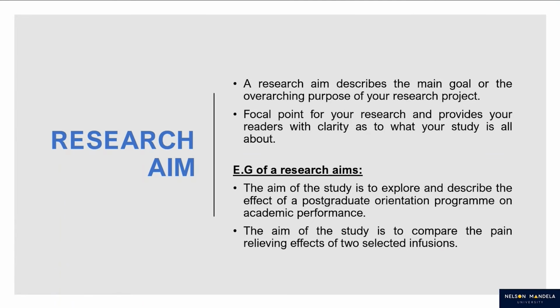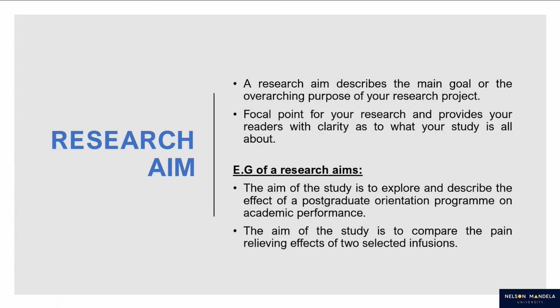Then the research objectives. So the research objectives then further go into your research aim and explain how you're going to go about coming to the solution of the question you've posed, and therefore the research aim. So your objectives are going to be the steps that you are going to take in order to be able to answer your research question and your research aim.